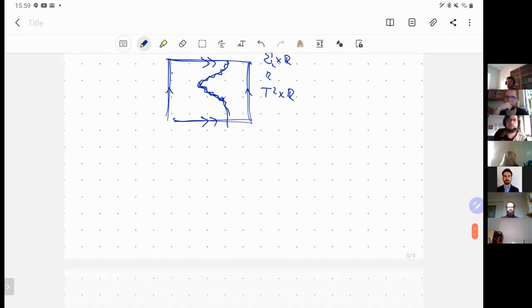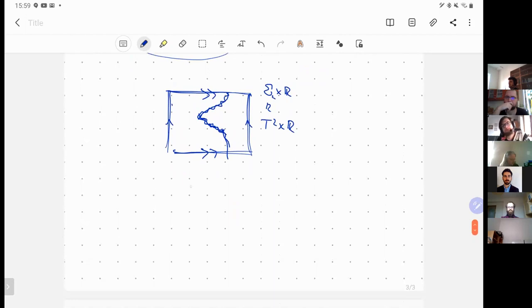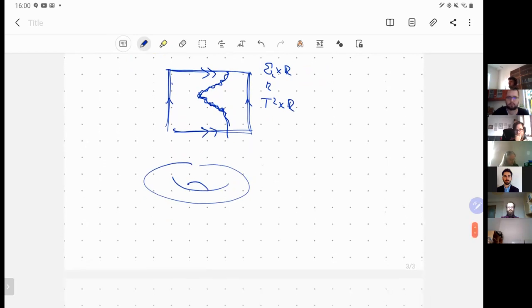Because when I'm on the torus, every holonomy I take, I'm going to get zero, because it's a vacuum on a flat torus, and A should be chosen to be trivial. So if I go over one of these fundamental cycles, I'm going to get zero.